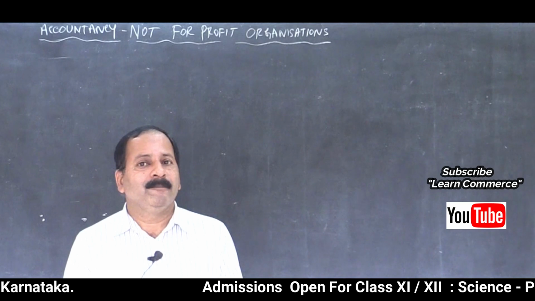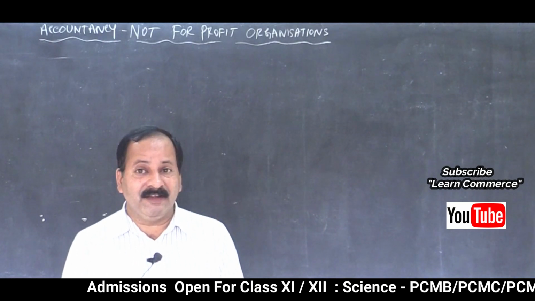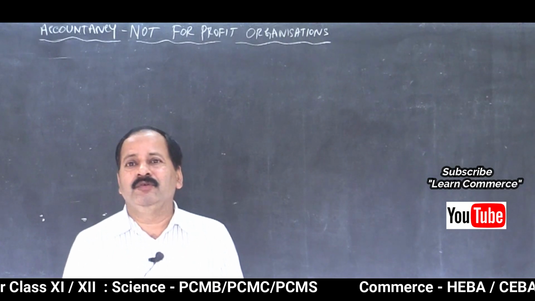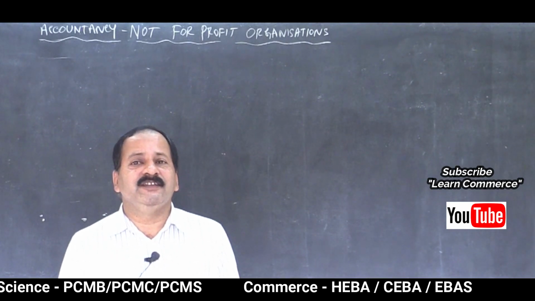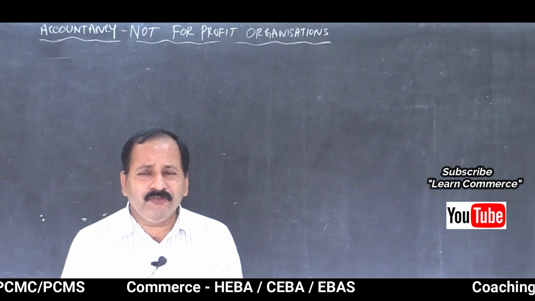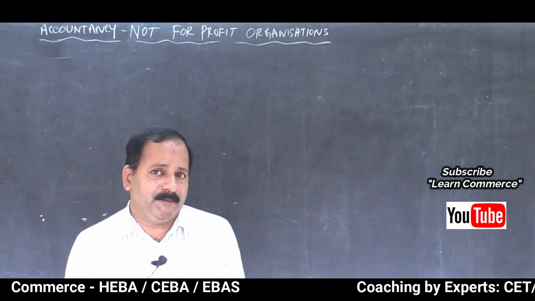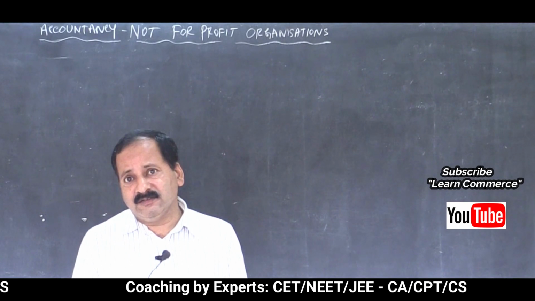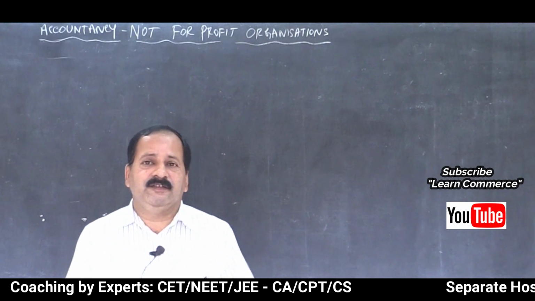Then if we take up admission and retirement, goodwill treatment, if you understand properly, no disturbance, isn't it? Easily you can solve. But here you should know each and every item. But once you understand, then it is very, very easy.